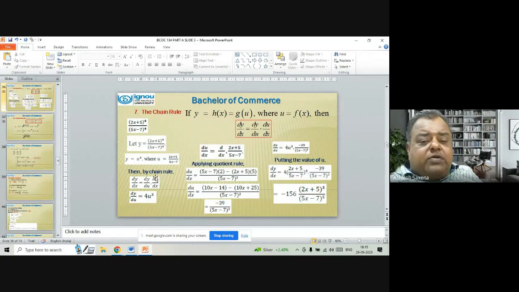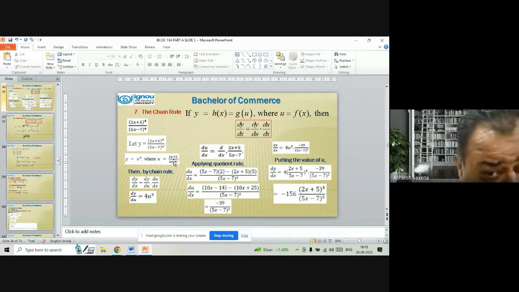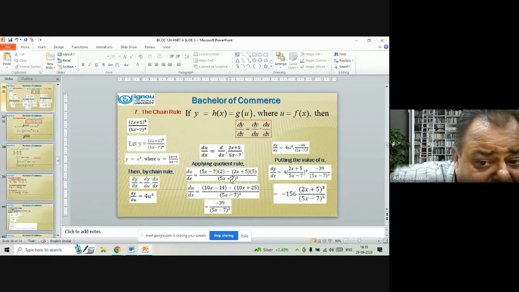Now second one is, where is this du by dx? Du by dx is here. You can see that it is in the form of u by v, so I have to apply quotient rule in it. What does the quotient rule say? Square the denominator. Take the numerator and differentiate it.